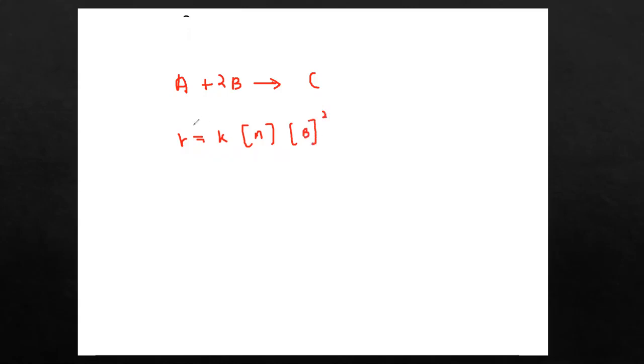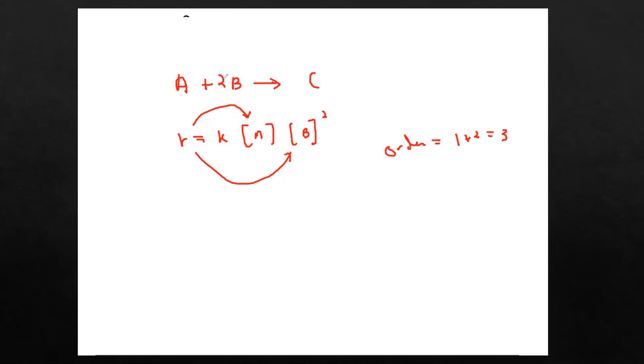So this is first order with respect to A and second order with respect to B, and the overall order of the reaction is 1 plus 2, which is equal to 3. But it is not necessary that what the equation shows will be the actual order of a reaction. This is just a theory.